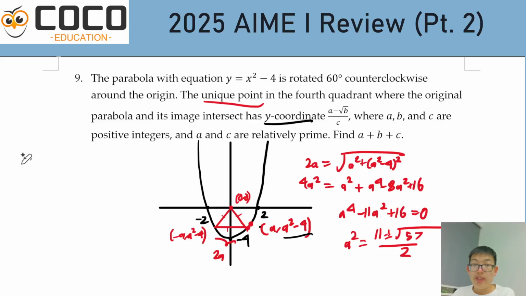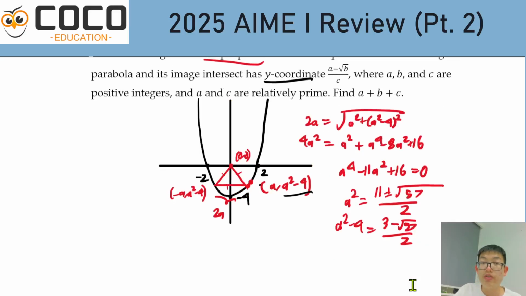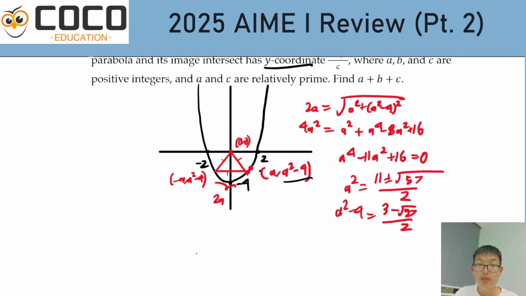And I expected that a squared minus 4 is negative, so it should be 11 minus square root 57, and that matches with the skeleton that I'm expecting. So it would be 3 minus square root 57 over 2. And this is 62.